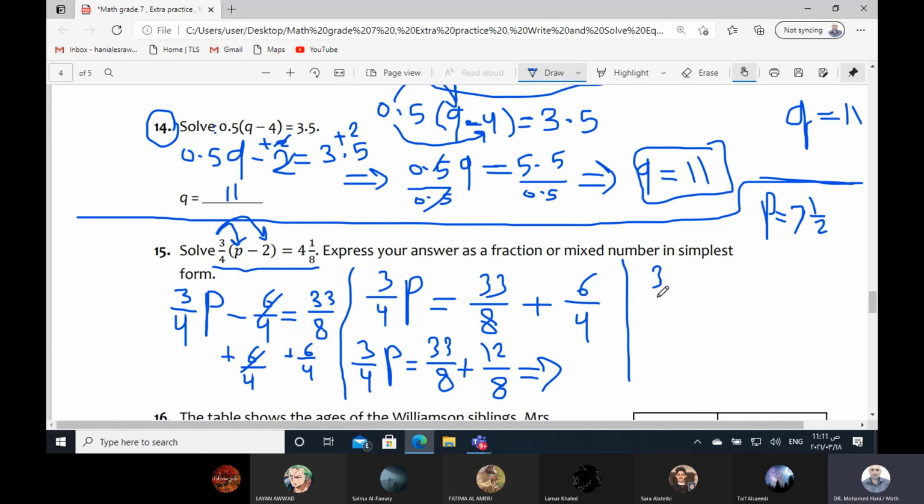So we have 3 over 4p equals 12 plus 33, which will be 45, over 8. Now try to remove 3 over 4, so divide by 3 over 4 and divide here by 3 over 4.